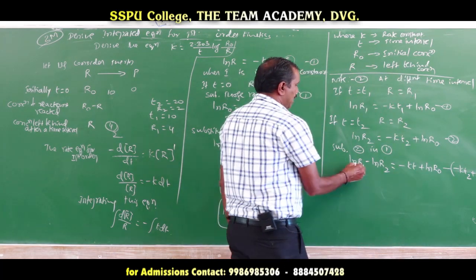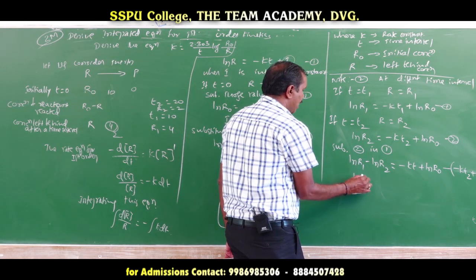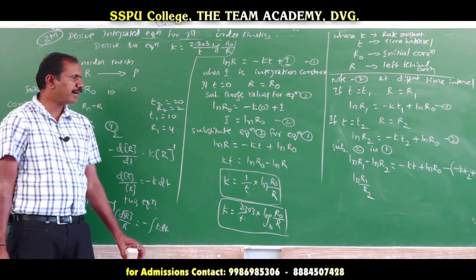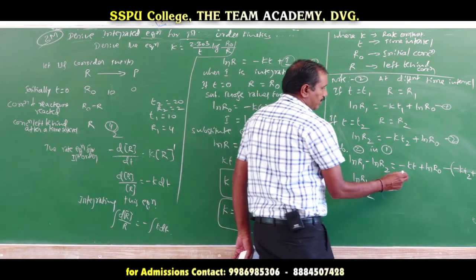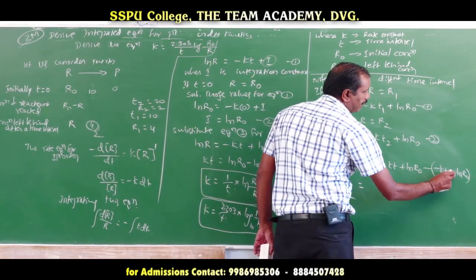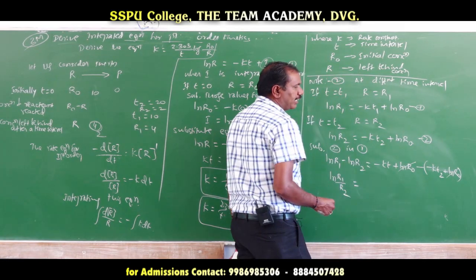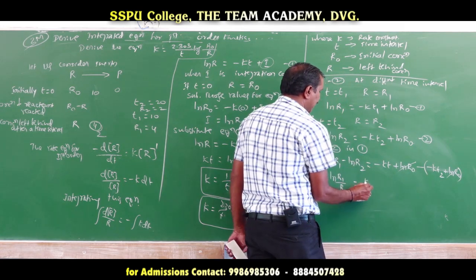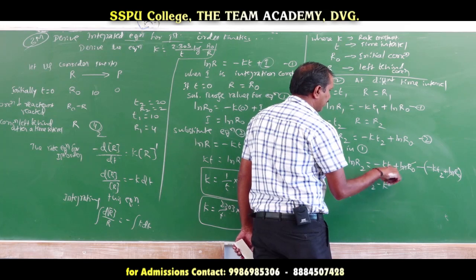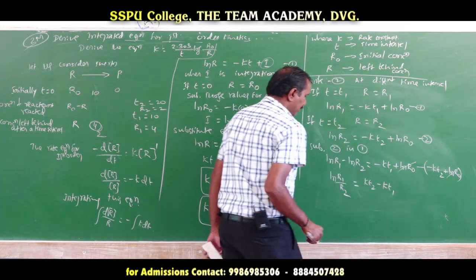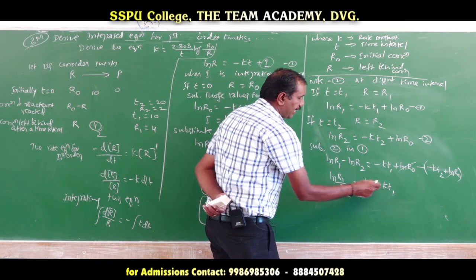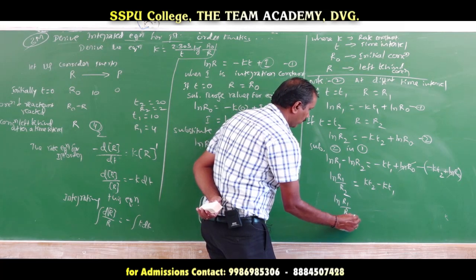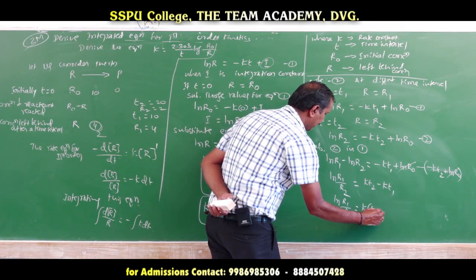Ln R1 minus ln R2 we may write as ln R1 by R2, since log A minus log B is log A by B. The plus ln R naught and minus ln R naught cancel. This leaves minus K T1 plus K T2. If you take K common, then ln R1 by R2 equals K into T2 minus T1.